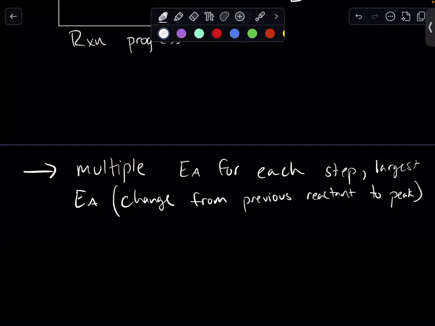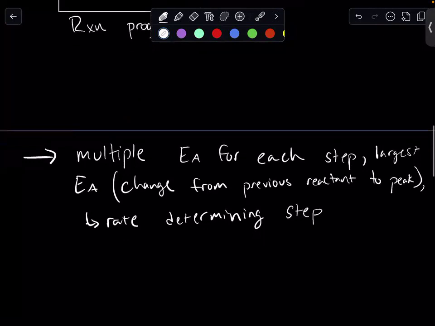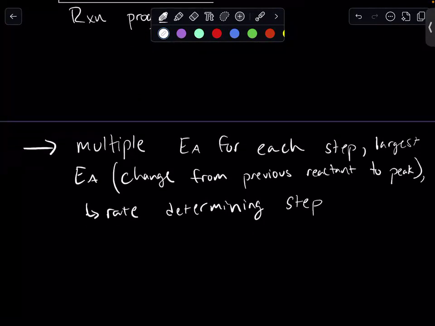That change is usually going to relate to our rate determining step. And it can get a little confusing sometimes. We are just looking from the beginning to that highest energy state.